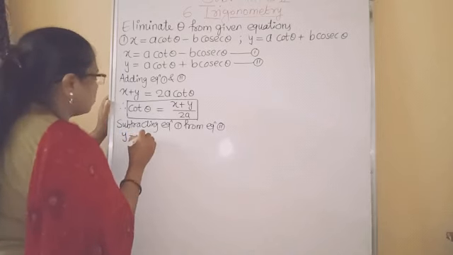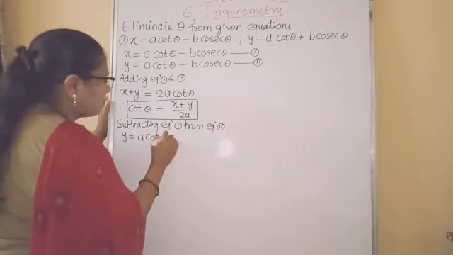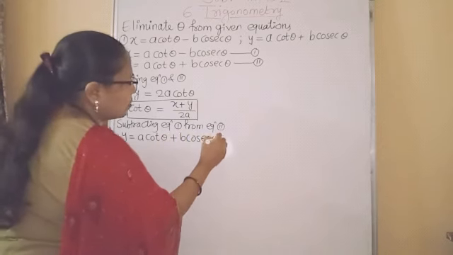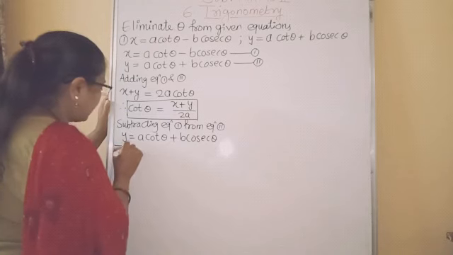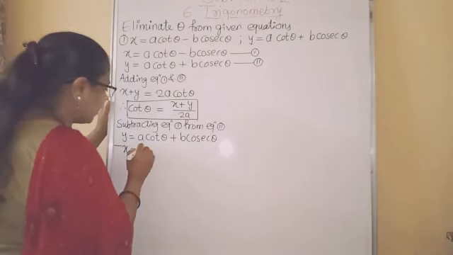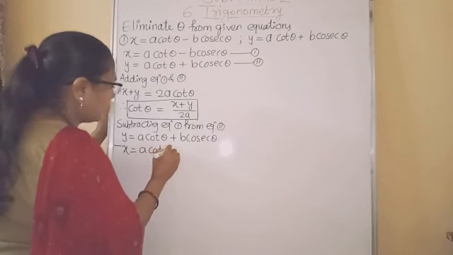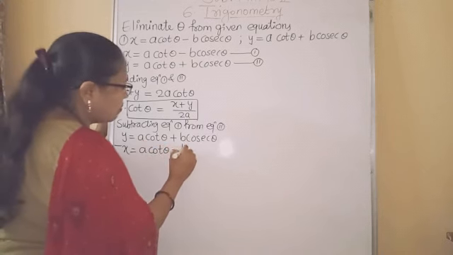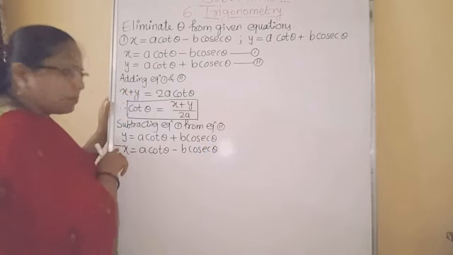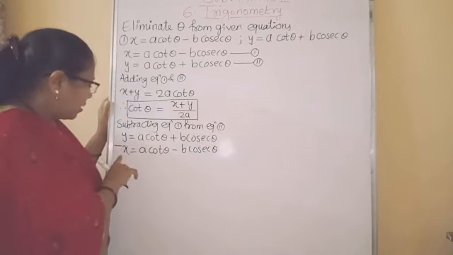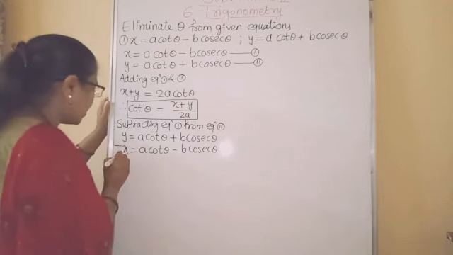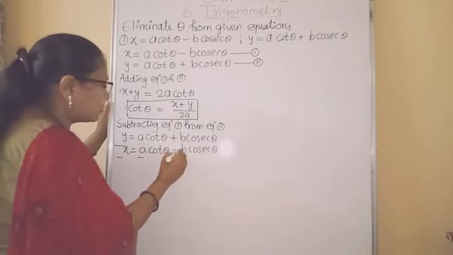So we will write the second equation first. Y is equal to a cot theta plus b cosec theta, minus x is equal to a cot theta minus b cosec theta. Due to this minus sign, each term from the second equation gets a different sign. So here minus, minus, plus.